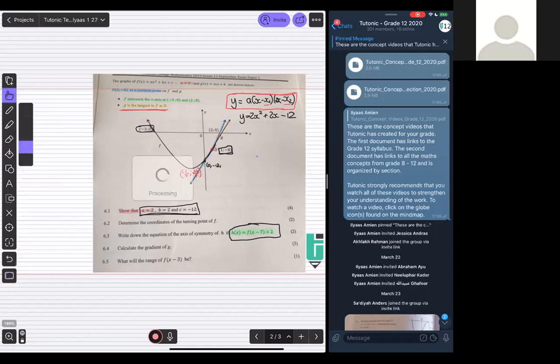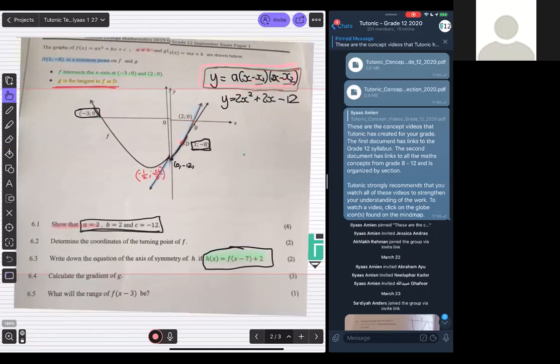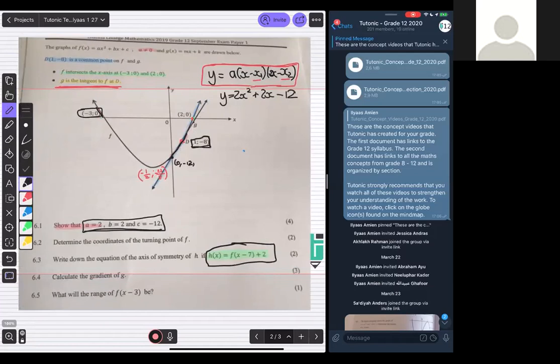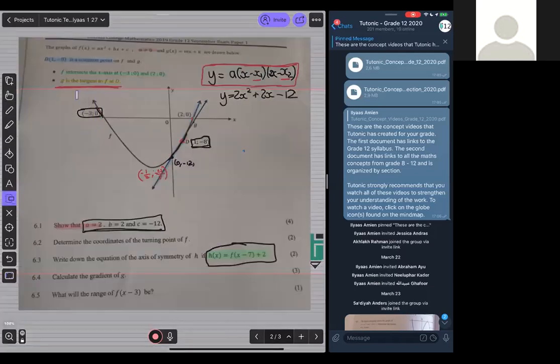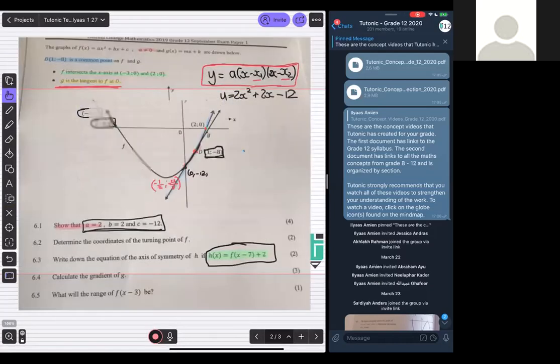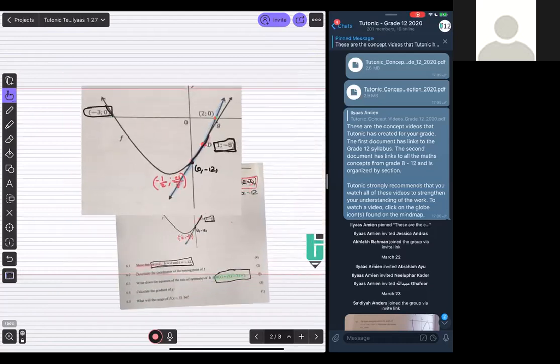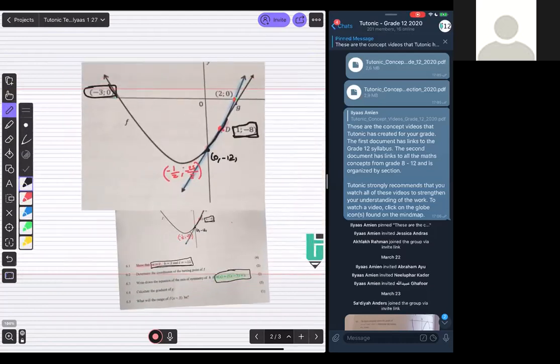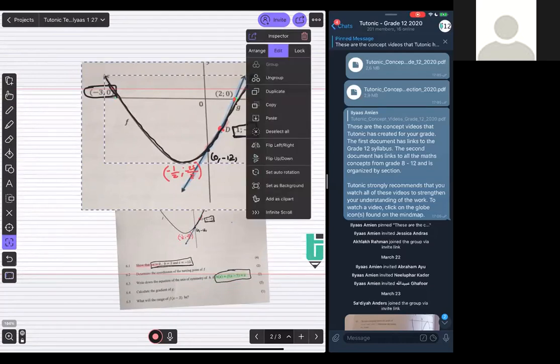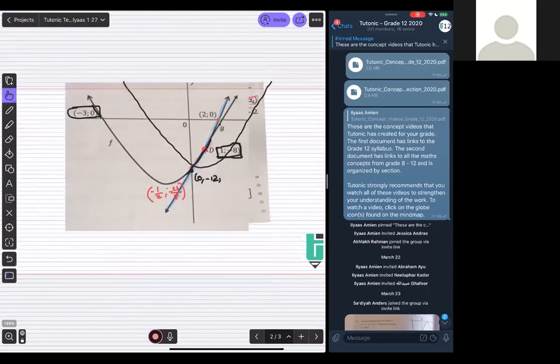So what's the shift going to be if it's in the brackets minus 7? 7 to the right. 7 to the right and 2 vertically up. Yeah.